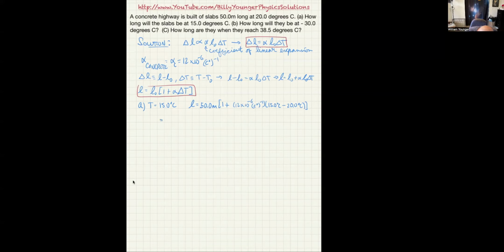So this new length is going to be 50.0 meters times 1 plus 12 times 10 to the negative 6 times parentheses 15 minus 20. Now, 15 minus 20 is going to give us 5.0 degrees, which is really just 2 sig figs.